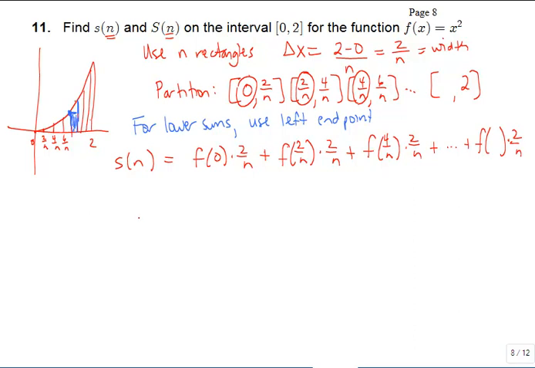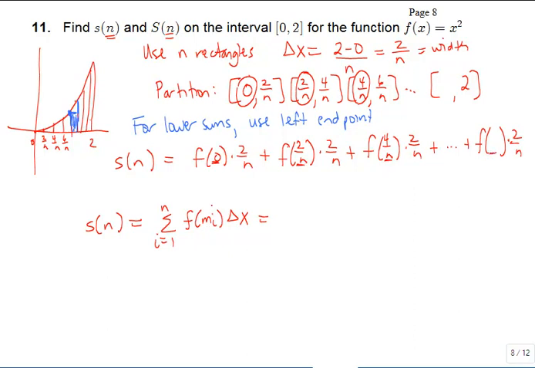So to find the area using these lower sums, we want to be using that formula that said the lower sum is going to be the sum from i going from 1 to n of f of those little m sub i's times delta x. So those little m sub i's are these right here.